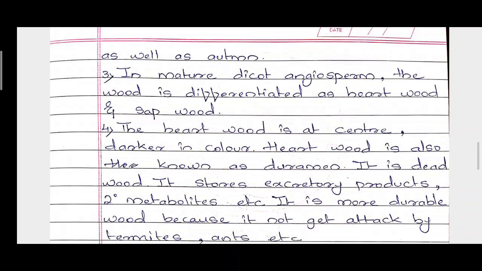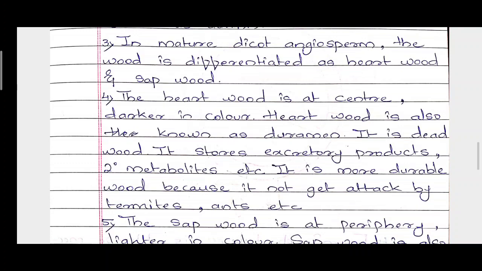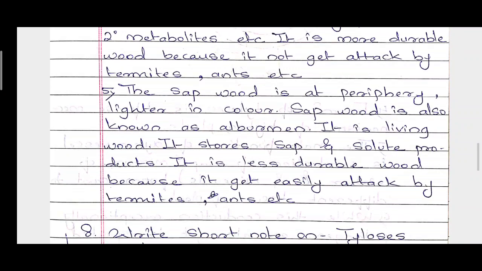This hardwood is present at the center. It is darker in color, and it is also called the duramen. This is dead wood. It stores many excretory as well as secondary products. So it will be durable wood, and it cannot be easily attacked by termites and ants.